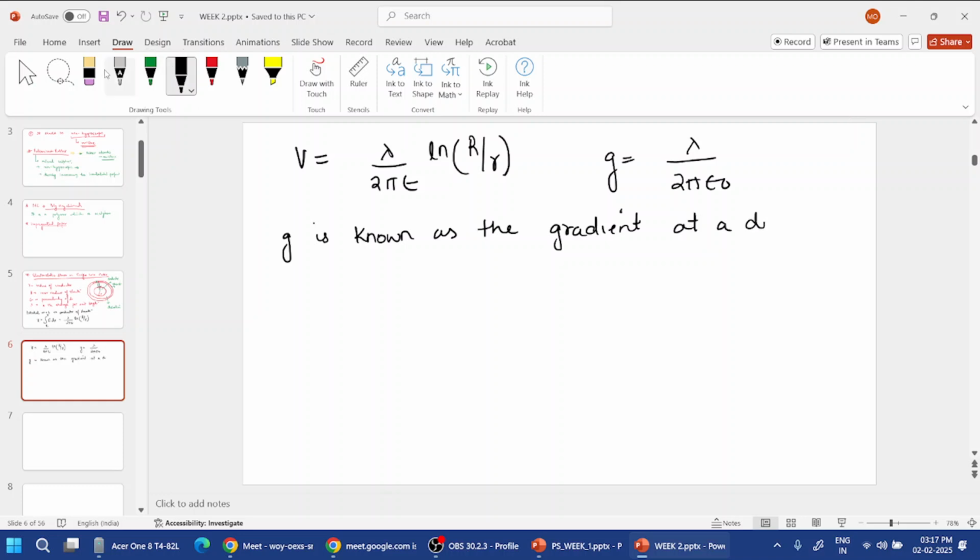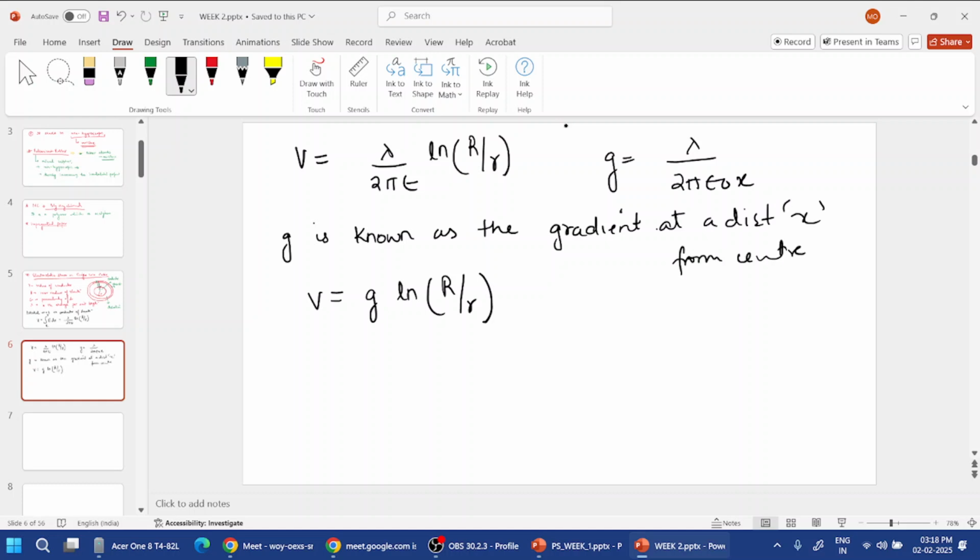Actually, it is a gradient for the time being now. So if we put this thing here, V will come out to be G log capital R by small r, at a distance x from the center.